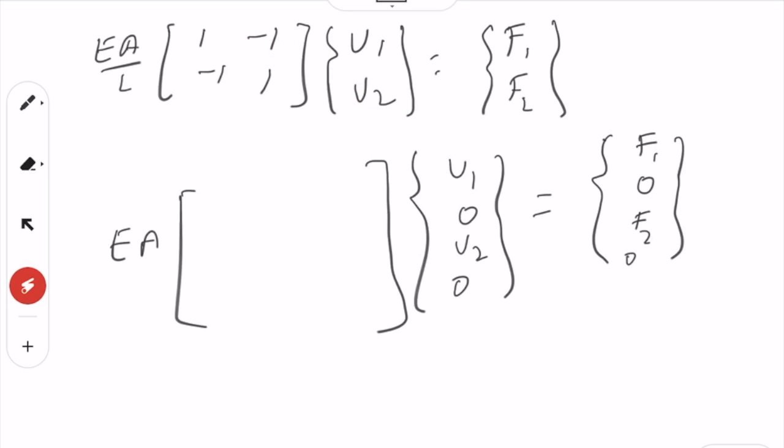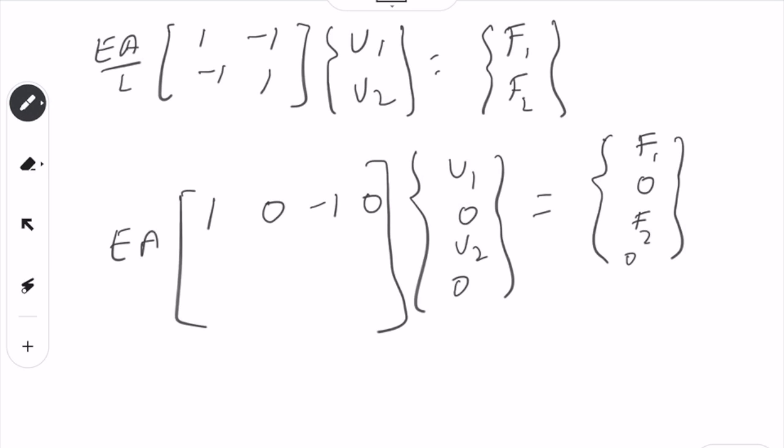So we can say 1 here, then we have 0 minus 1 0, right? u1 multiplies to 1, 0 to 0, u2 multiplies to minus 1, 0 to 0, right? We have like that.